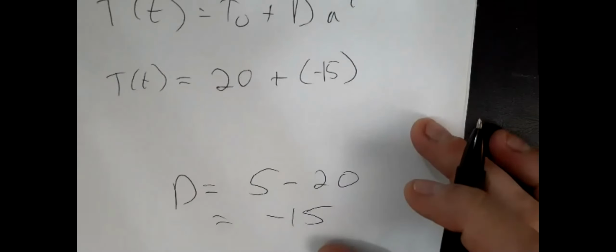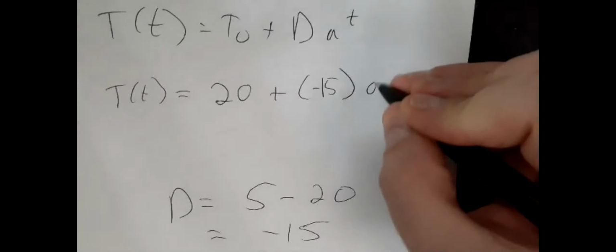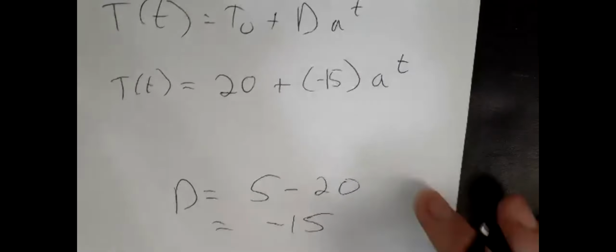Oh, this is a mess. And my A, I don't know what my A is. I'm going to have to solve for A in that first one, I believe. That's a heck of a problem. I don't really like this problem, if I'm being honest.